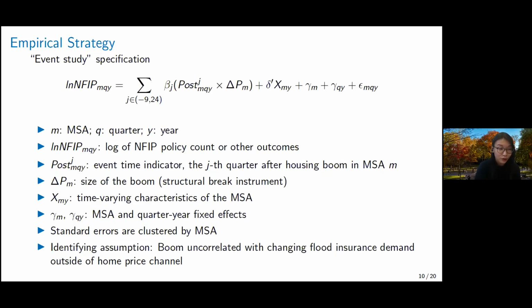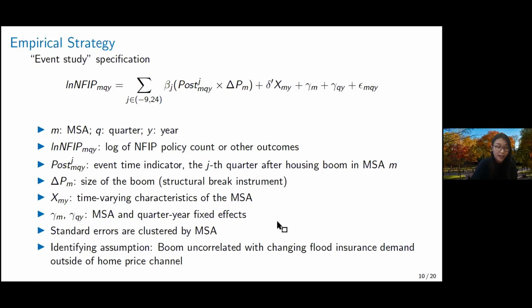We also control for an average flood risk measure interacted with a year dummy to allow for MSAs with different underlying risks to behave differently based on their risk over time. And then we control for MSA fixed effects and quarter-year fixed effects.